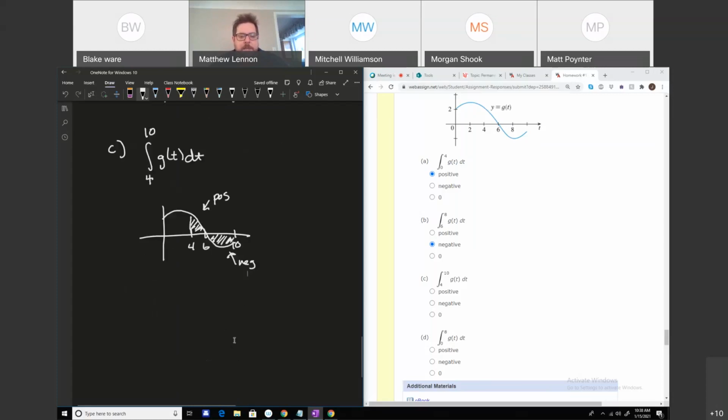But it looks to me like the negative part seems larger than the positive part. So a total net negative change, let's say.